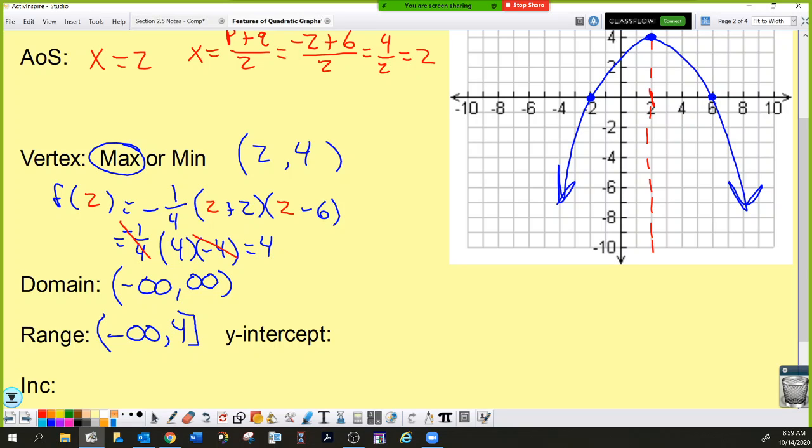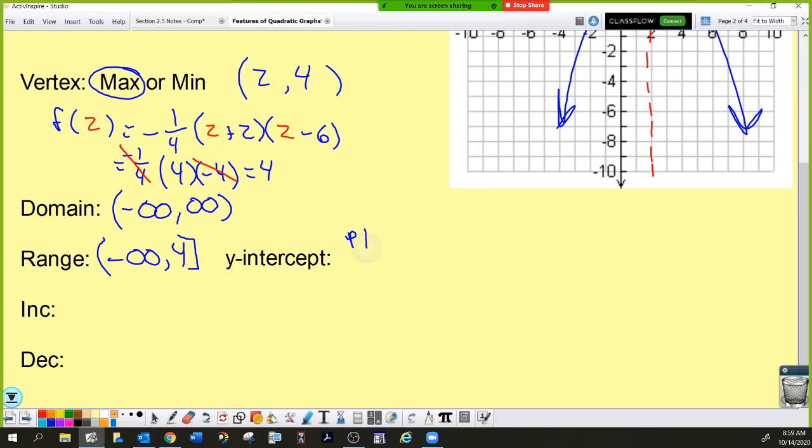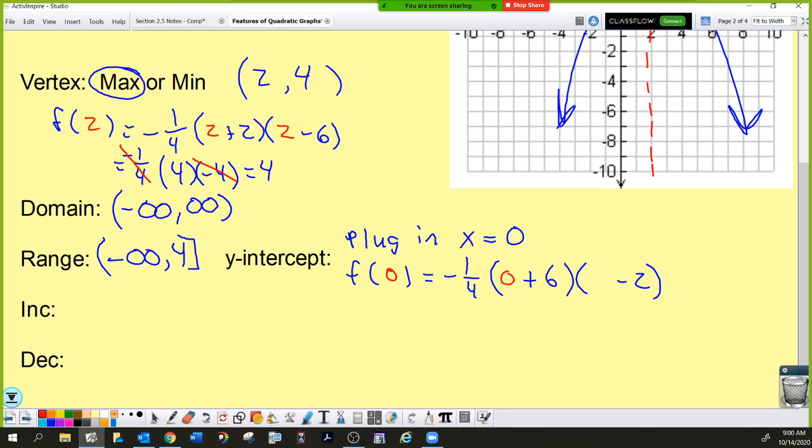When you're on the y-axis, x equals 0. So if you want to find a y-intercept, you have to plug in x equals 0. You have to plug in x equals 0 if you would like to know the y-intercept.